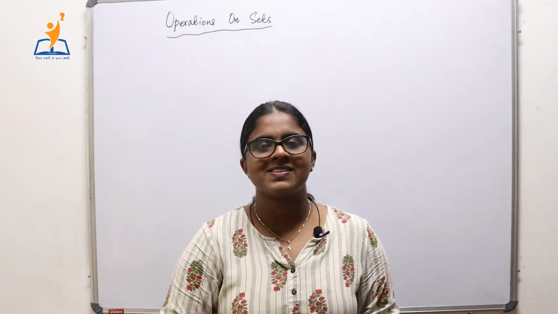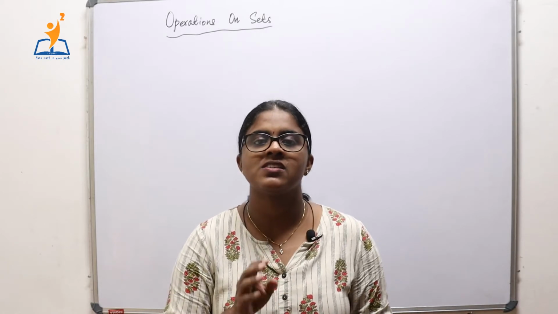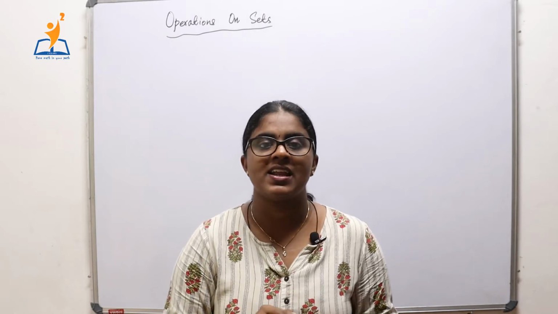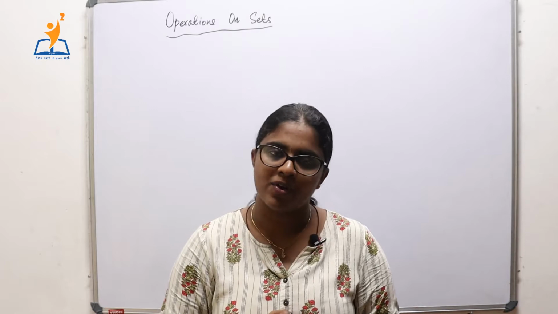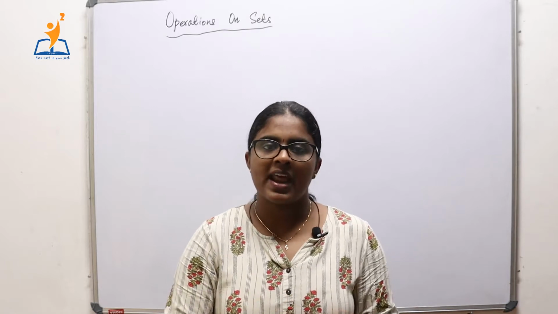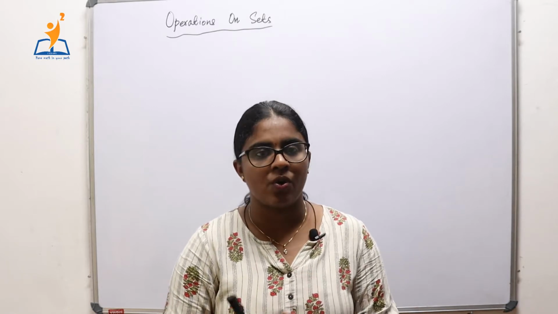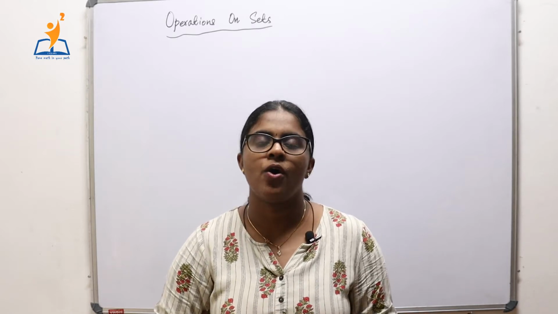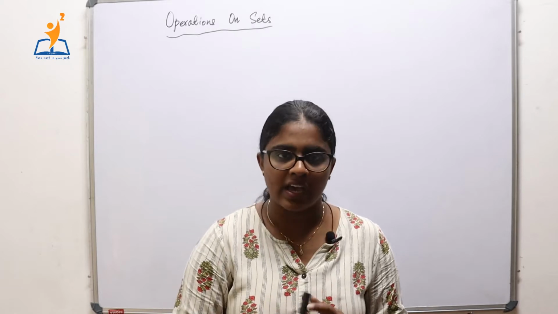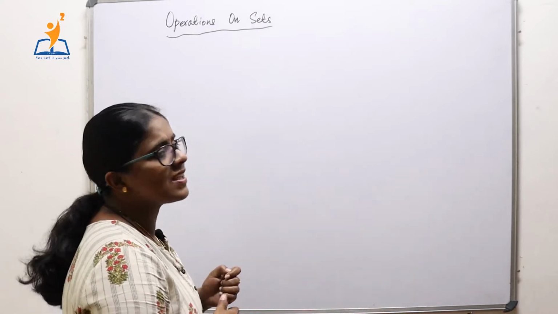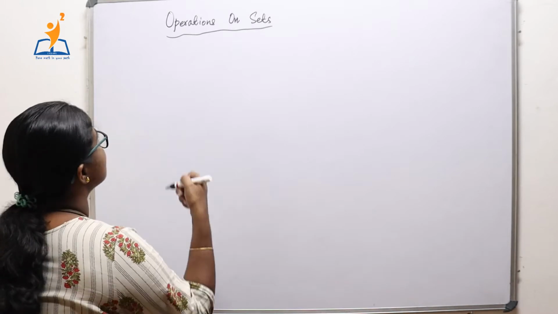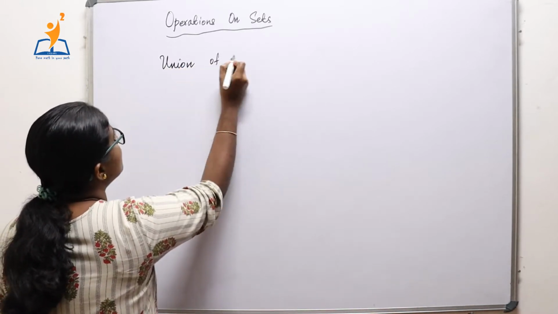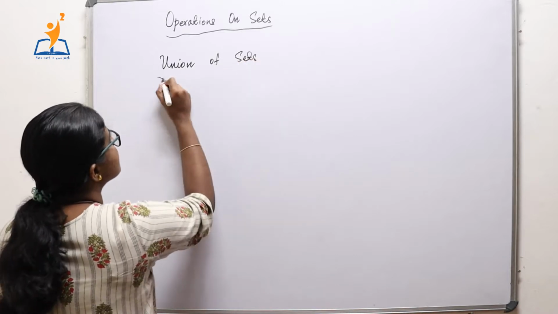So likewise, while performing operations on sets, we will operate between two sets and the resulting answer will also be a set. So rather than addition, subtraction and all other things, we are going to learn some new operations on sets. Let's know what are they. The first and basic operation on sets is union of sets.